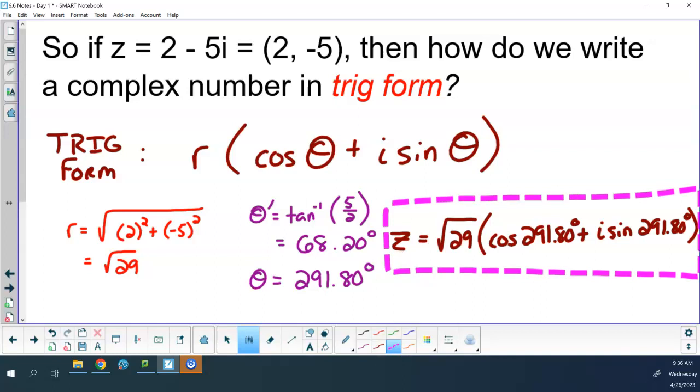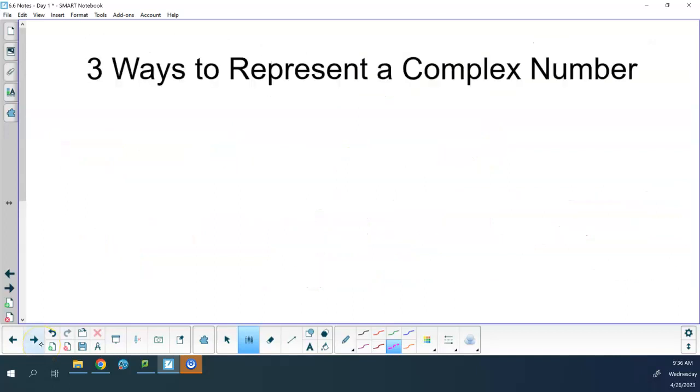So that then gives us 3 different ways to represent the same complex number. Okay? So we have what's called the standard form. Standard form of a complex number is a plus bi.